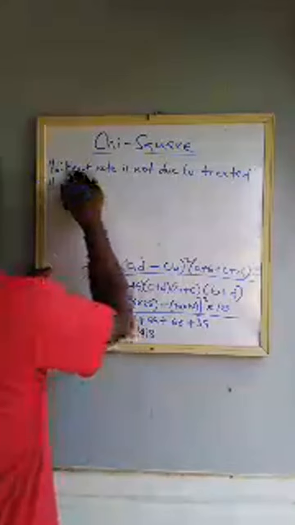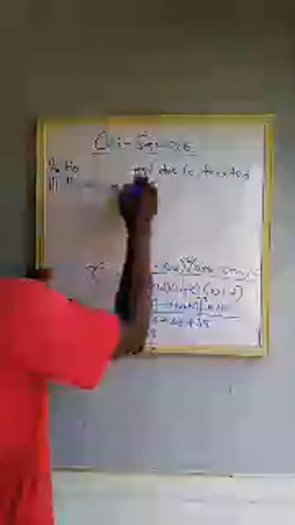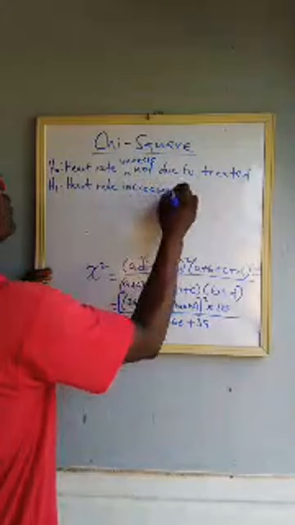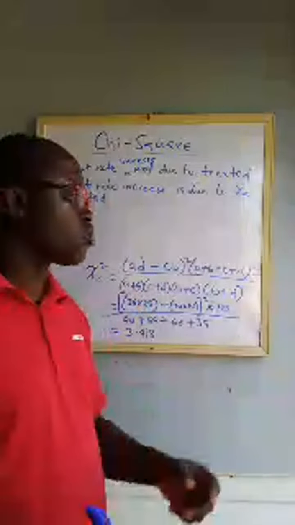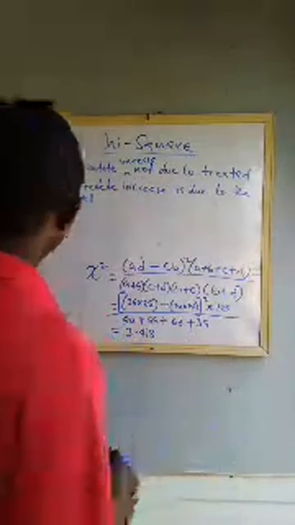So we can make a statement that heart rate increase is due to the treatment applied. So you can make your statement in another way, just write it to make sense, to show that what we're interested in is in the alternative hypothesis, and the null hypothesis is supposing that there's no impact between one variable and the other.